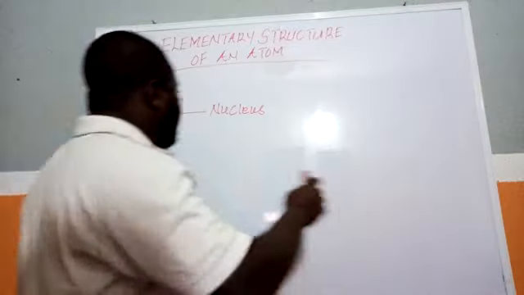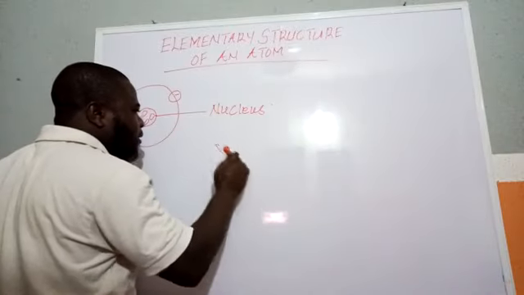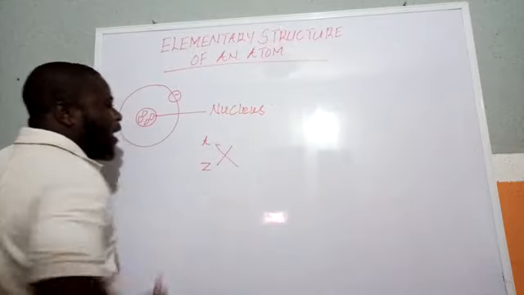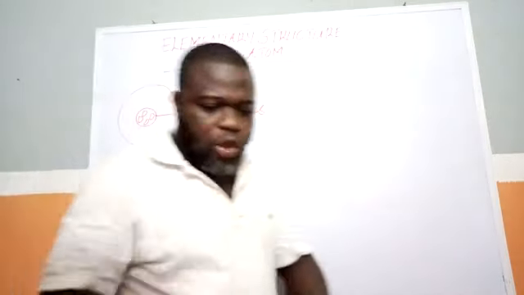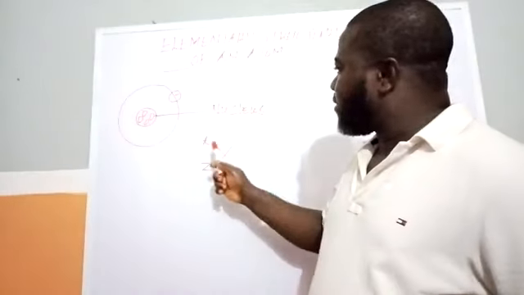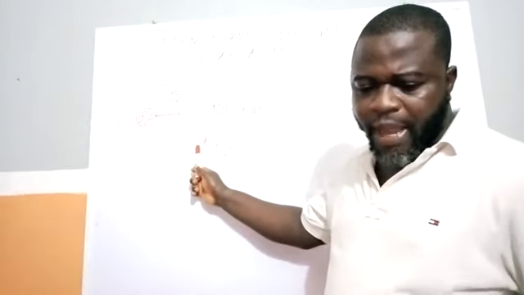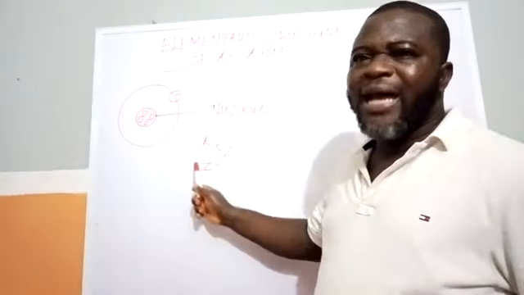You can put down the diagram. Now, the atomic nucleus of an element X is denoted by X with A and Z. That is the atomic nucleus of an element, where X is the element, A is the mass number, and Z is the atomic number.